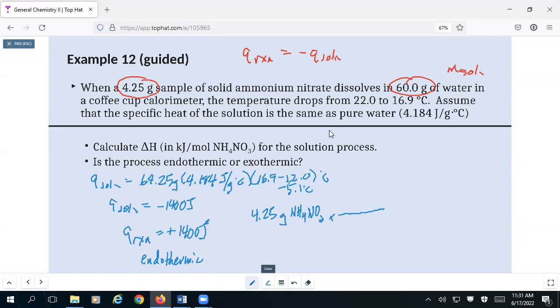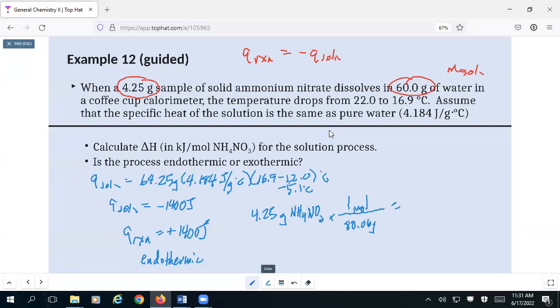Molar mass: 14.01 for nitrogen, and there are 2 of them. 1.01 for hydrogen, and there are 4 of them. 16.00 for oxygen, and there are 3 of them. 80.06 grams in 1 mole.